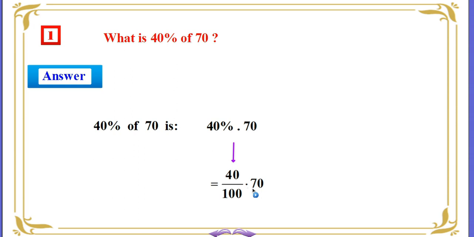So you have a 20 on the numerator and also a 20 on the denominator, so you delete them, and then now you only have 4 multiplied by 7. So the answer is 28.